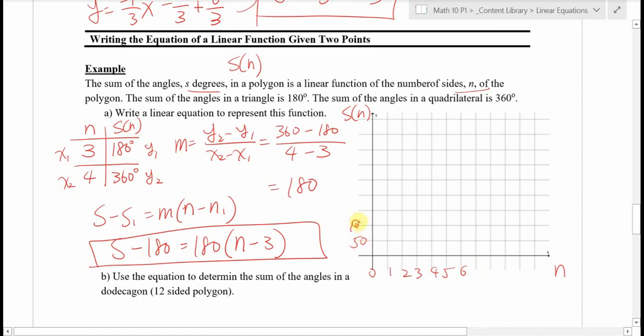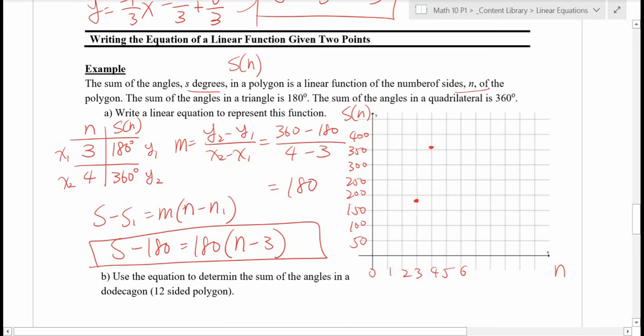Why not? 200, 250, 300, 350, 400. So when it's 3 sides, the angle sum would be 180 degrees. That's somewhere here. When there are 4 sides, the angle sum would be 360. So that is right here. That really is all the points I have.